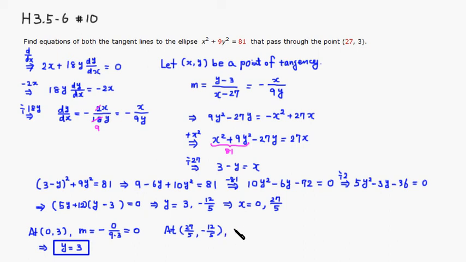So we can find the slope m again using the same formula here. So it's going to be negative, x is 27/5, and we're dividing by 9 times the y value, which is negative 12/5.